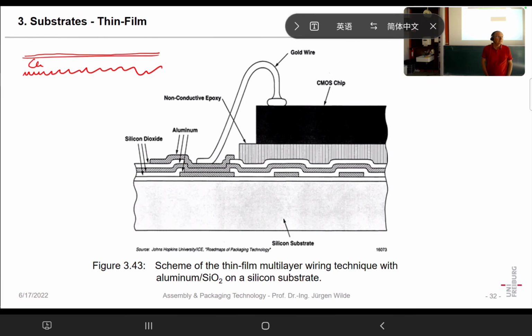We have a damping, and so we have a lot of signal loss on the underside, because for a high frequency signal, which is mainly running based on skin effect on the surface, we also need a smooth surface.